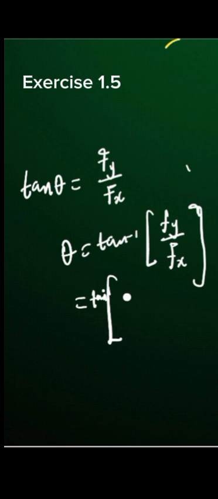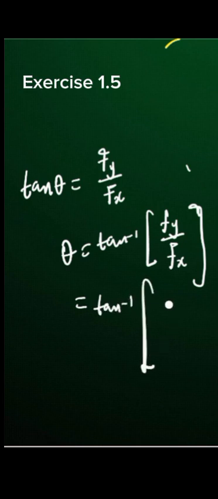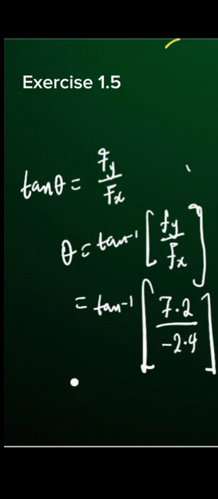Our Fy here is 7.2 and our Fx is minus 2.4. If you press that in your calculator, you have a value like minus 71.565.